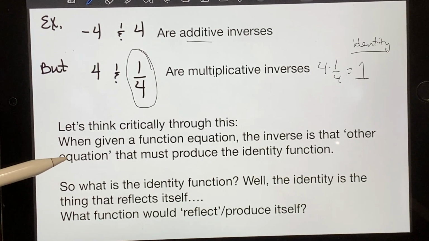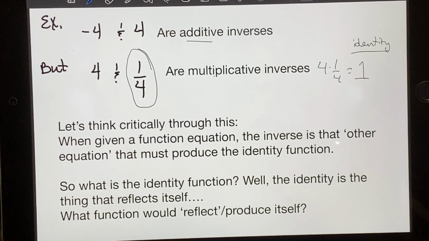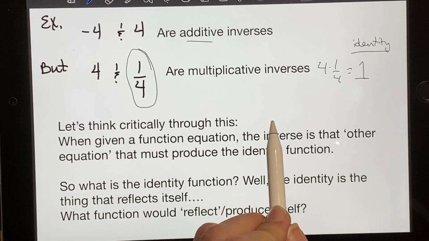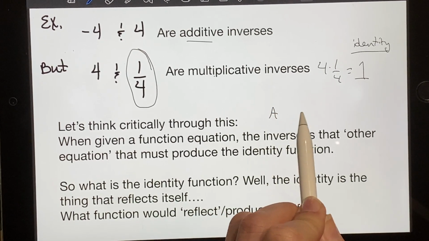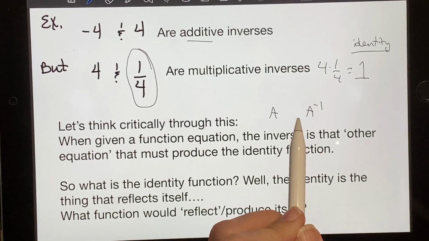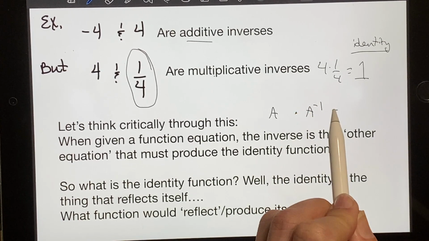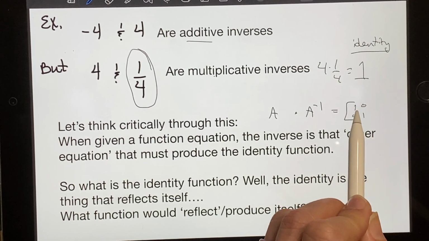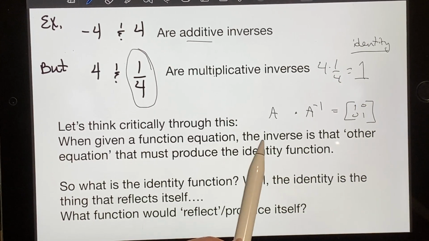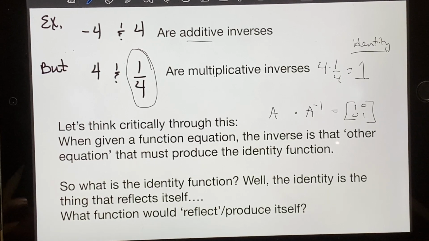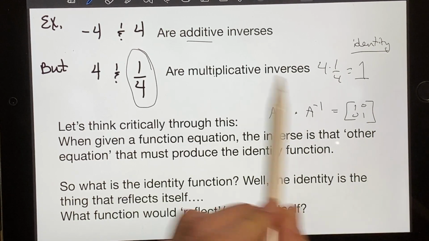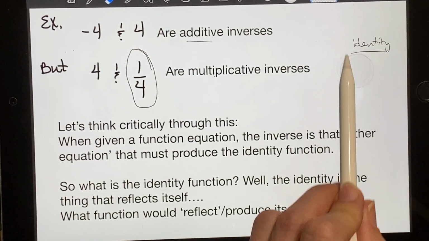Okay, so when we have a function equation, our inverse, just like when we had matrices, back at matrices, we had a matrix, and then we had an inverse matrix. And the inverse matrix, when we multiplied them together, always gave us the identity matrix. So every time we've worked, whether we've worked with addition and subtraction, whether we've worked with multiplication and division, whether we've worked in matrices, or if we've worked in functions, we're always ending up with this identity over here.